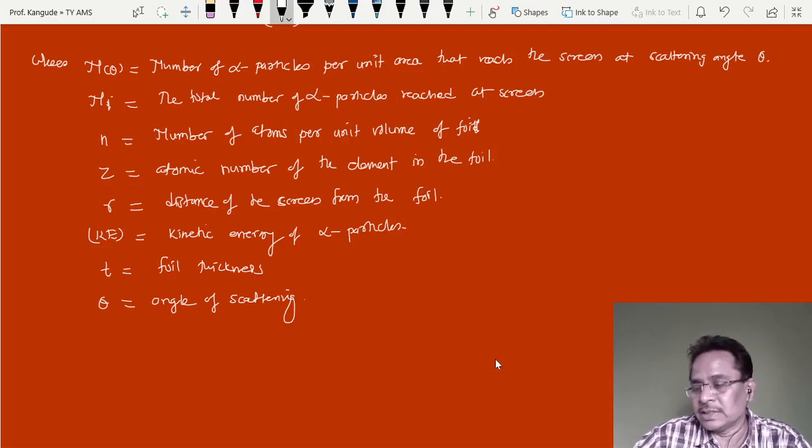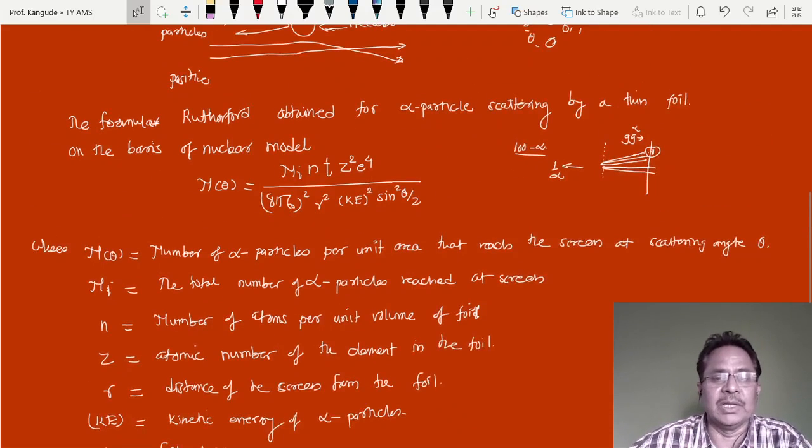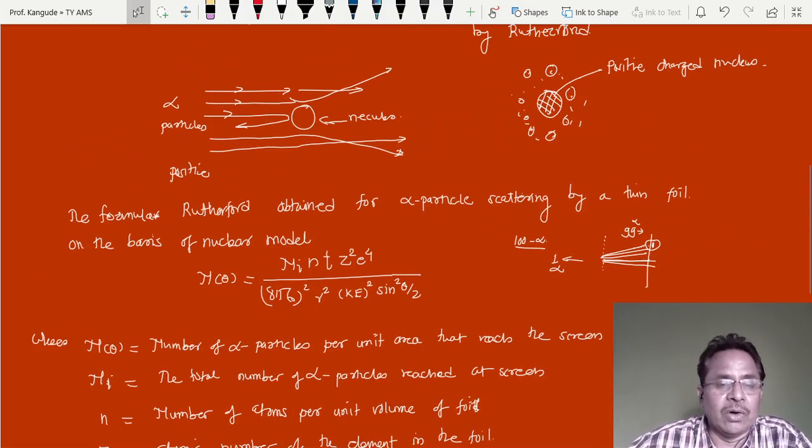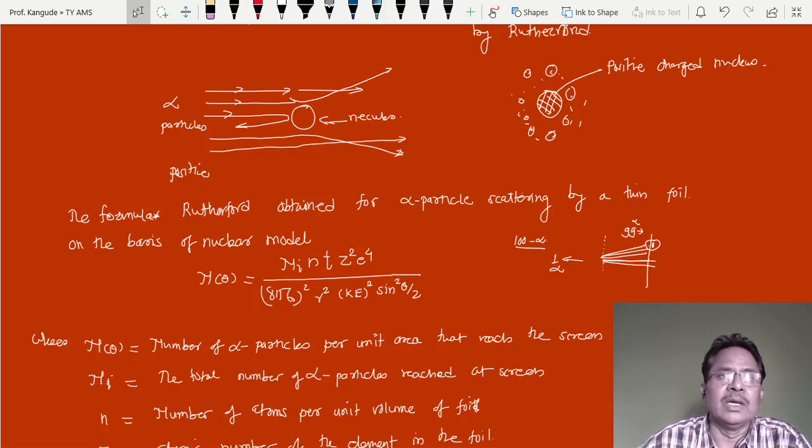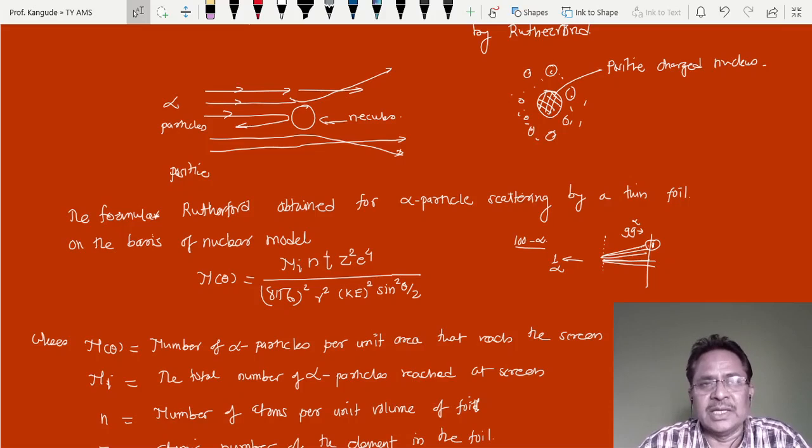So try to understand this formula once again. N of theta is the number of particles that reach the screen per unit area at a particular value of angle. For example, as I said, at 3 degrees, take one such area, that is 1 millimeter square.